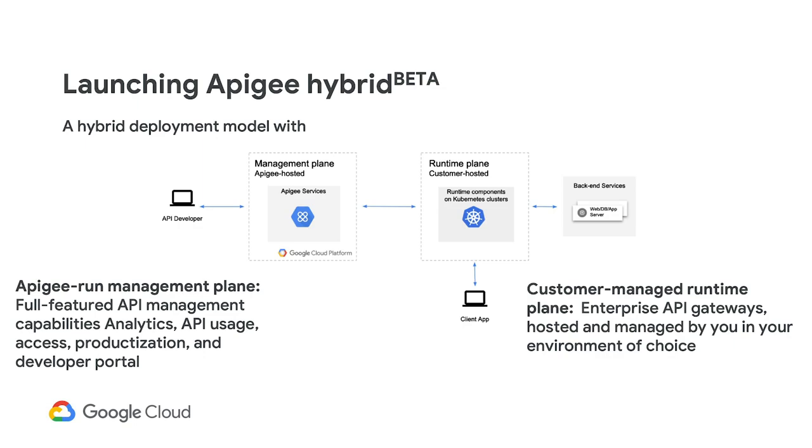It still has the notion of a centrally managed control plane managed by Apigee. So Apigee would be responsible for the UI, RBAC, analytics portal, and so on. And customers would be responsible for the enterprise gateway that is now decoupled from the control plane, and they can deploy it in their data centers and other cloud providers and so on.